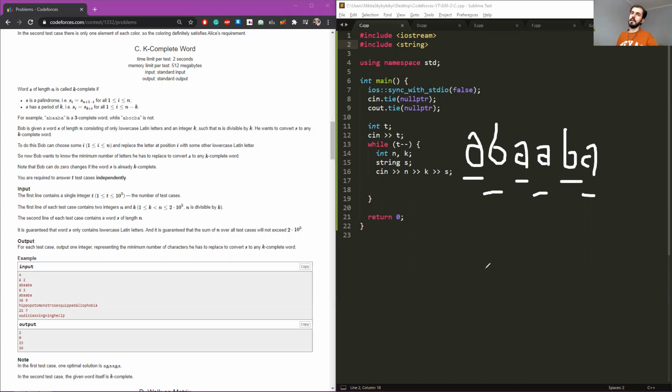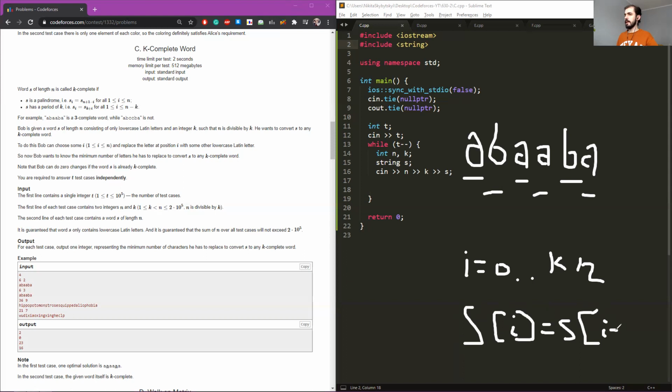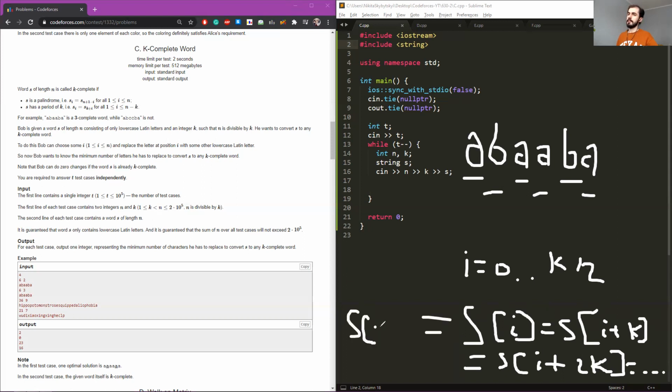Okay. What I'm thinking is like for i from 0 to k over 2, we want to check that S at i equals S at i plus k equals S at i plus 2k, etc. And we also want like S at, let me use notation of Python, S minus i and such.